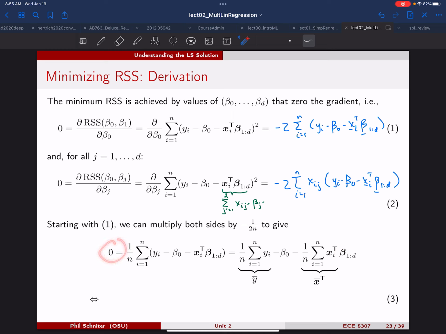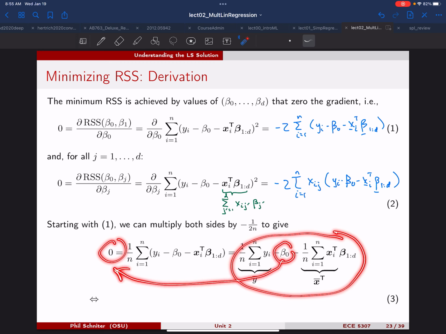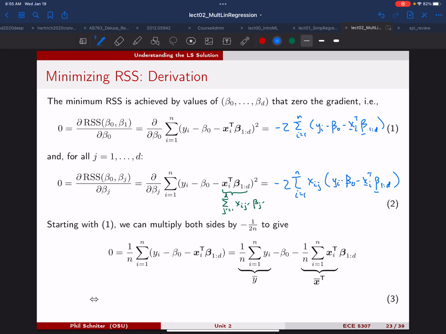So this equals 0. The last step is to move the beta naught to this side, and you can see that it exactly equals y bar minus x bar transpose beta 1 through d.